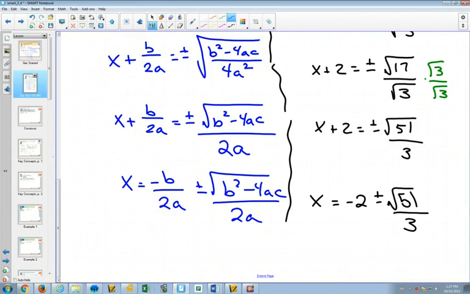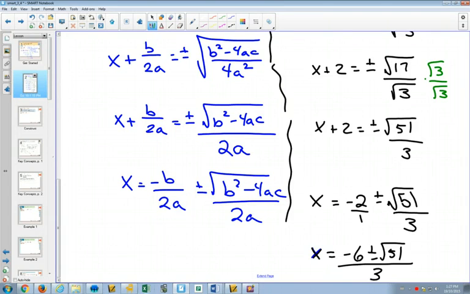When we want to write our answer, the best way to write our answer is a single fraction. Here, this is 2 over 1. There isn't a common denominator, but you could get a common denominator because you can make negative 2 over 1 negative 6 over 3. And then you could get a common denominator here, negative 6 plus or minus square root of 51 all over 3.